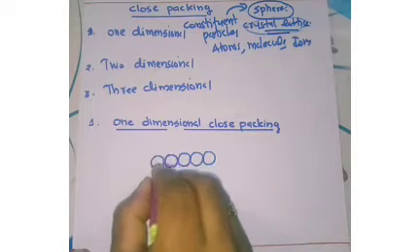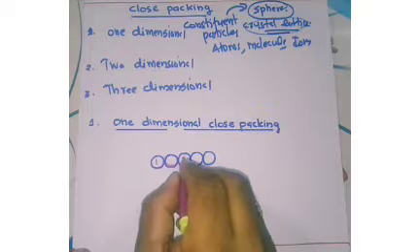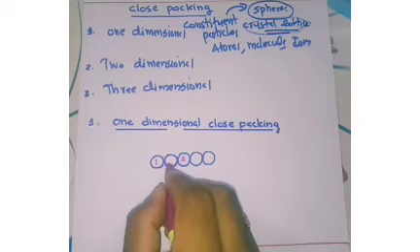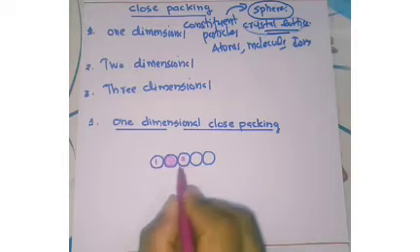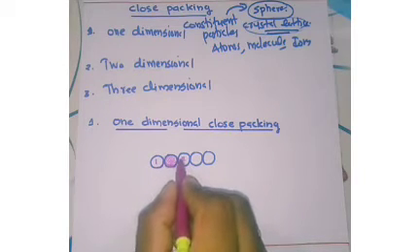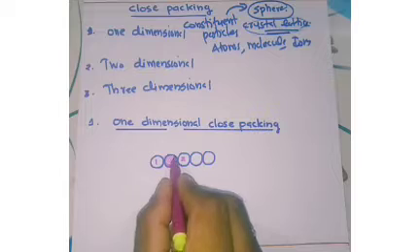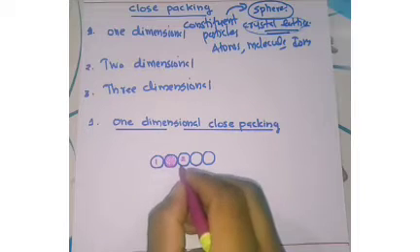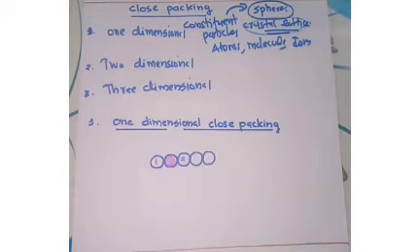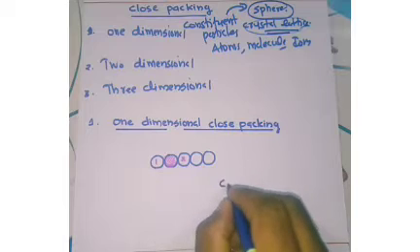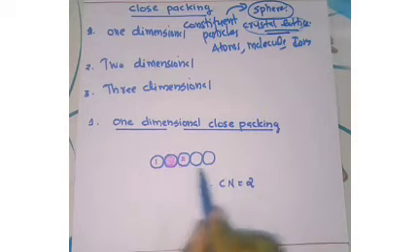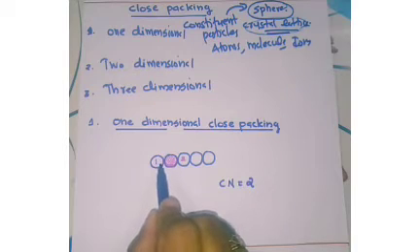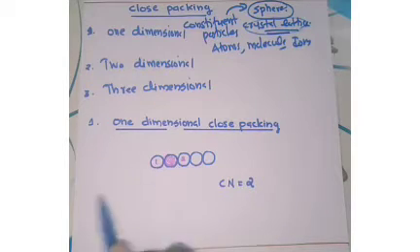How many touching spheres are present around the considered sphere? Here 2. So its coordination number is equal to 2. Coordination number means number of touching spheres around the considered sphere.